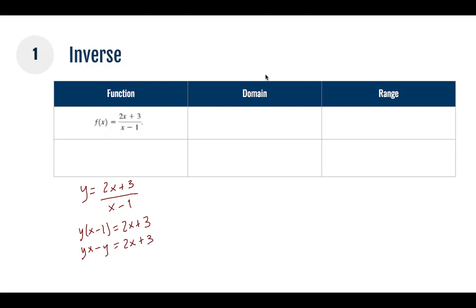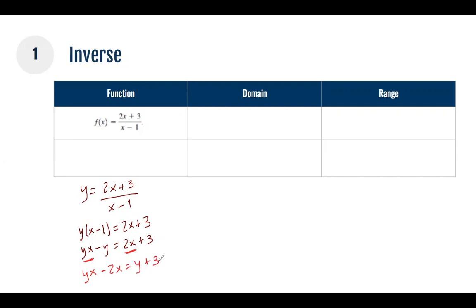Our next step is going to move every x term to the left-hand side of the equation. That means this and this. Those two terms must end up on the left-hand side. We're going to have yx minus 2x, and that's going to be equal to y plus 3.